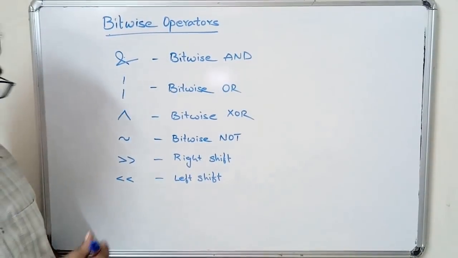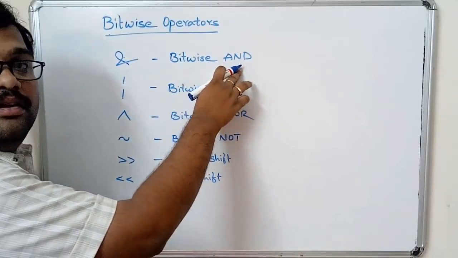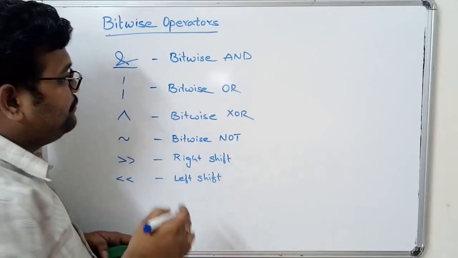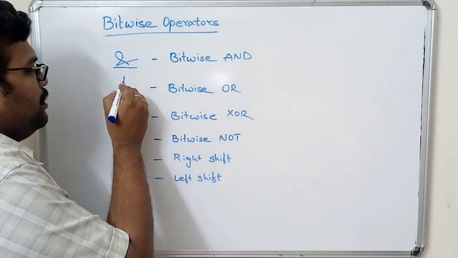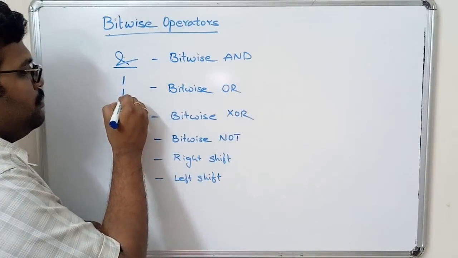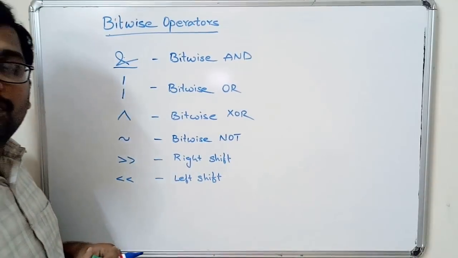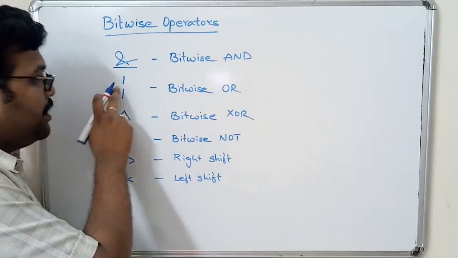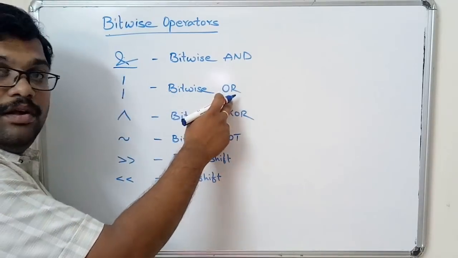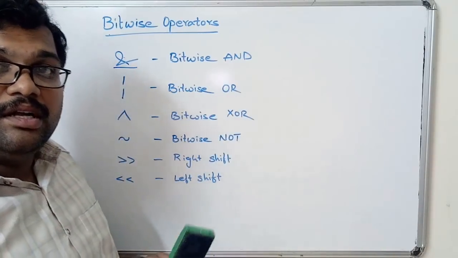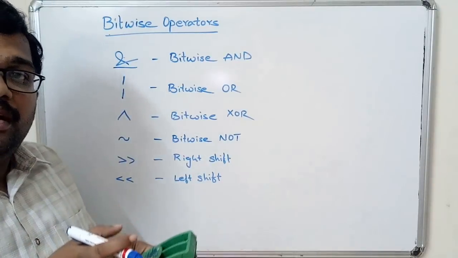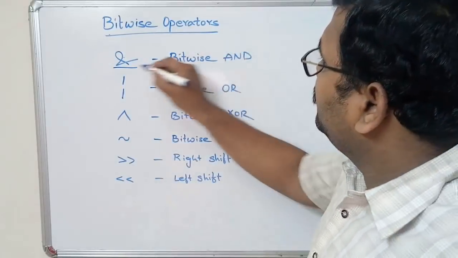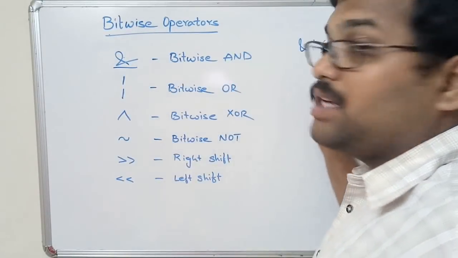See here, the bitwise AND is represented as ampersand, the AND symbol. Bitwise OR has 2 lines, so you can find this notation on the keyboard. There is OR, bitwise OR. So don't get confused, because there is a similarity between bitwise operators and the logical operators. If you write this double AND, it will be the logical operator.